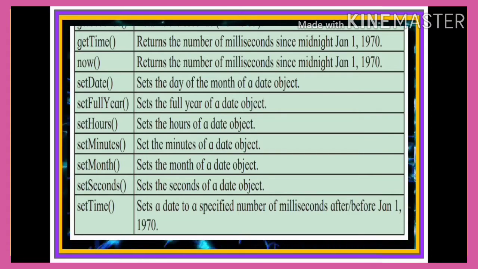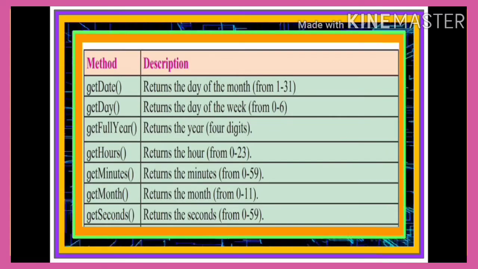It sets the seconds of a date object. And last method is setTime, sets a date to a specified number of milliseconds after or before January 1, 1970. So these are the important methods of date object.